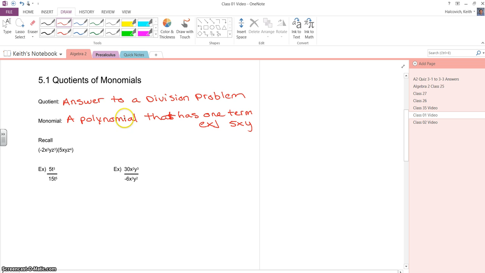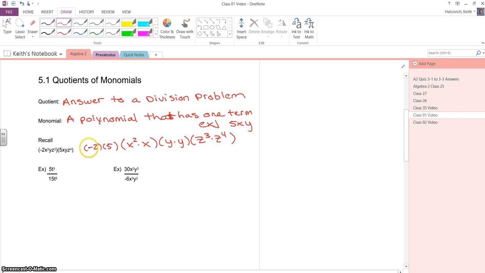So recalling that when we multiply with exponents, we add the exponents. For example, this would be -2 times 5. Then we would have x to the second times x, y times y, and z to the third times z to the fourth.